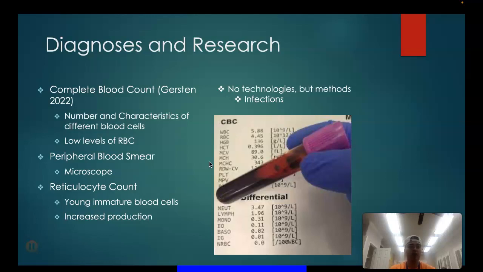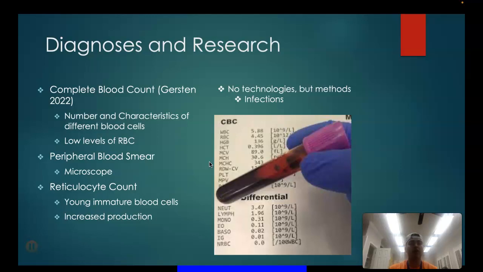And third is the reticulocyte count. This is when you have an overwhelming amount of young and immature red blood cells, and these are elevated numbers, produced in the bone marrow in response to the destruction of red blood cells.